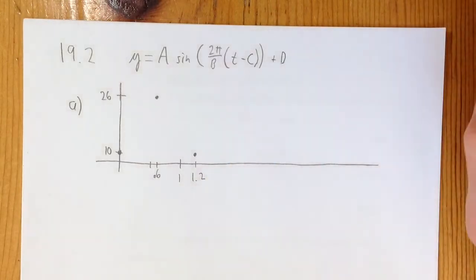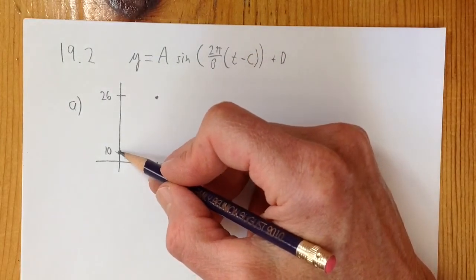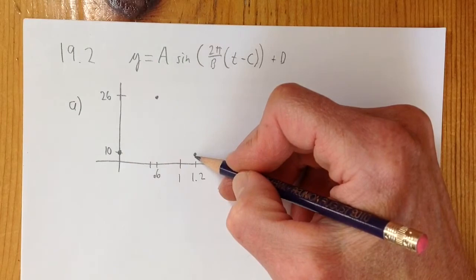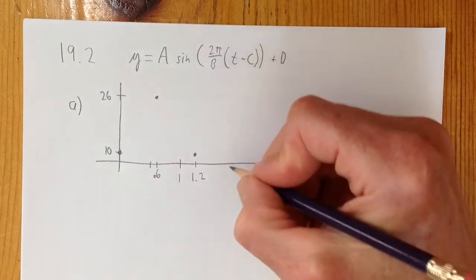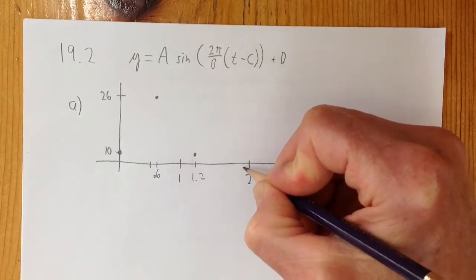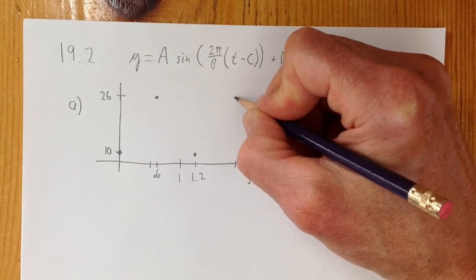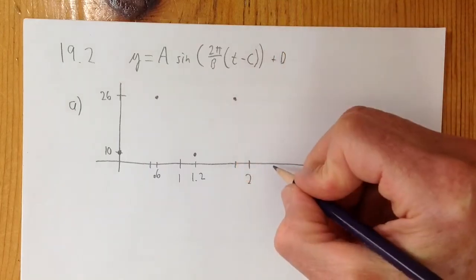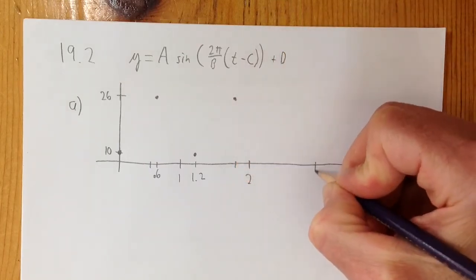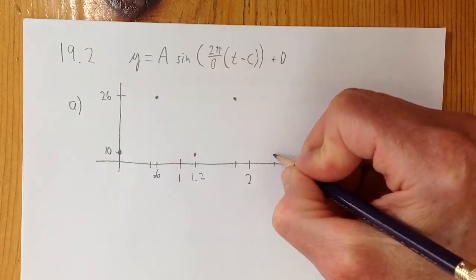So clearly the period is from where it is at one place to a similar point, so it's 1.2 seconds. We know in 1.8 seconds, it's going to be back up here again. And then at 2.4, so 2.4 is right here, it's going to be at the bottom again.